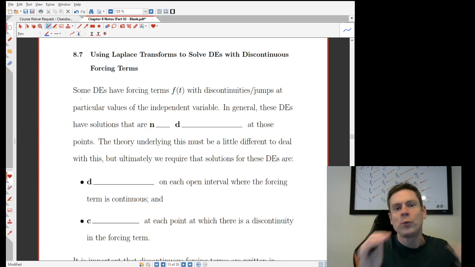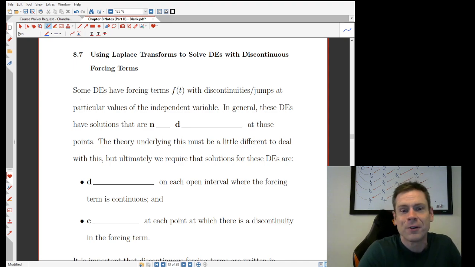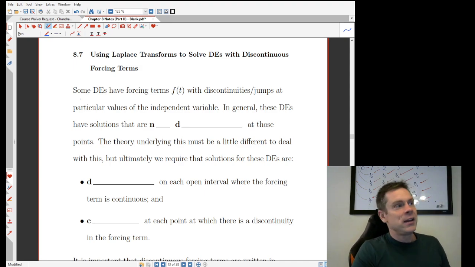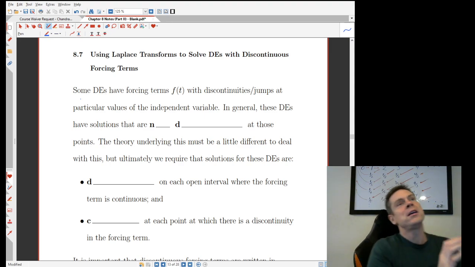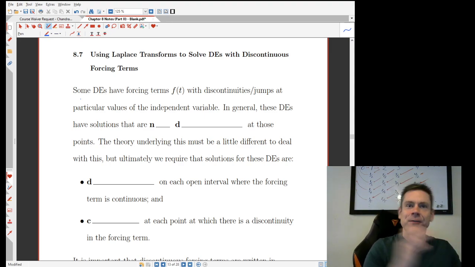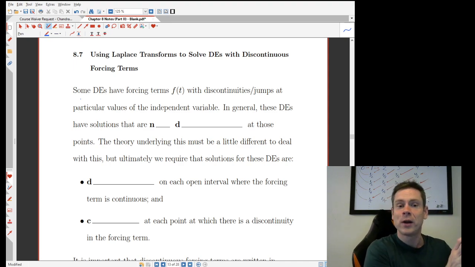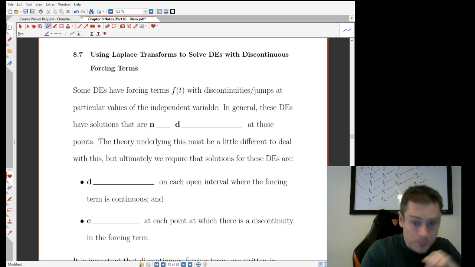We have the tools that we need to be able to deal with that stuff, but I want you to know what to expect, okay? What do the solutions look like? If you have some sort of differential equation solution and the force suddenly changes all at once, there's still some properties that we can expect from the solution.